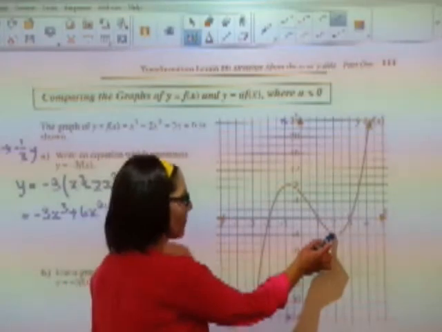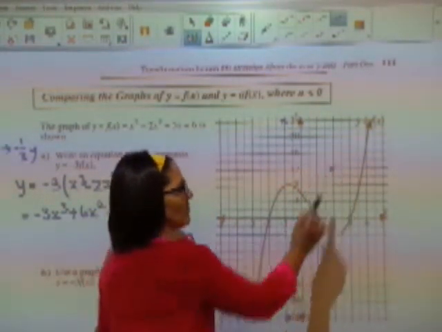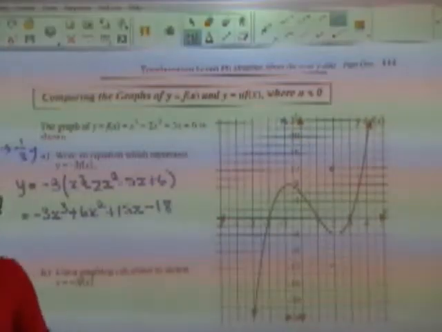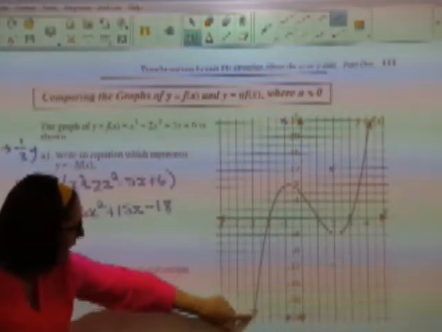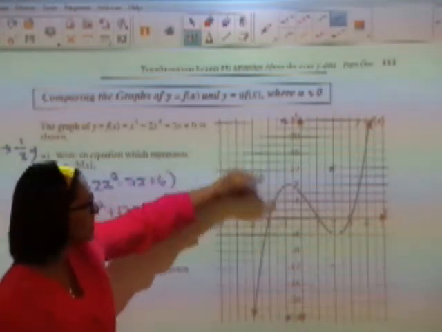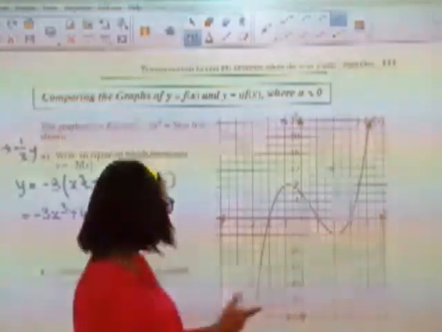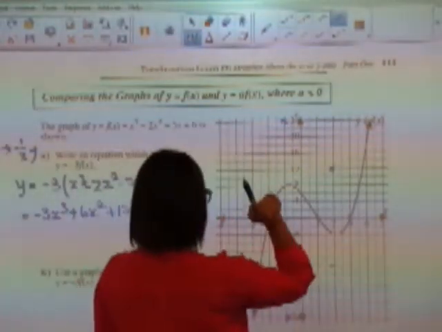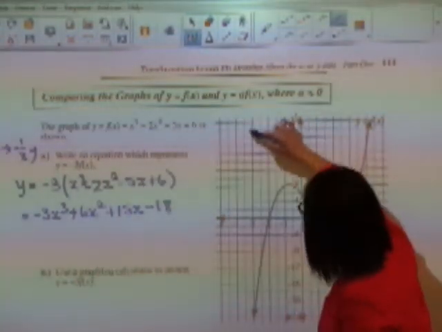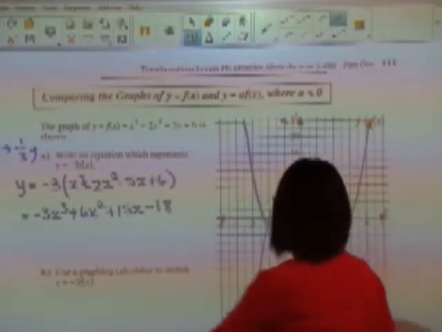So 4 times 3 would give me the negative 12, but then the reflection would give me the positive. So this part of the graph, when it's reflected, is going to go up. This part that was up is going to come down. So what I end up with is this picture that goes like this, if I could draw it properly.